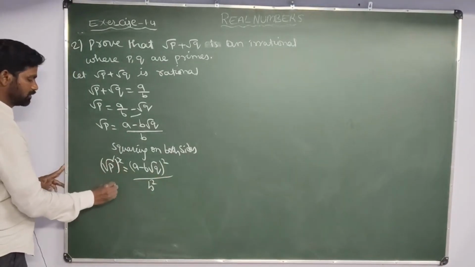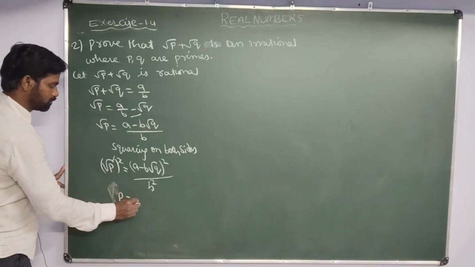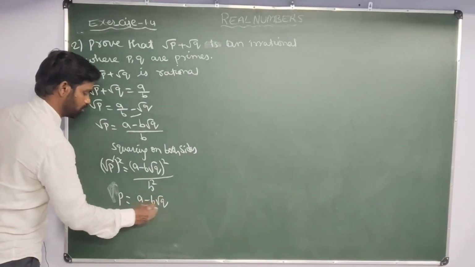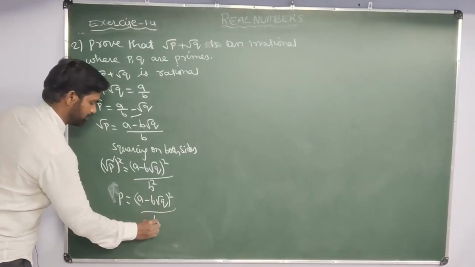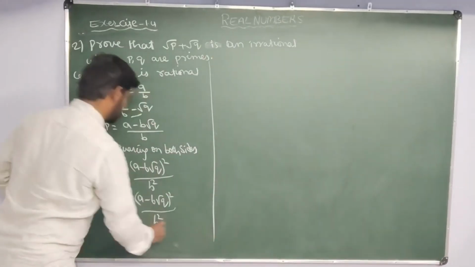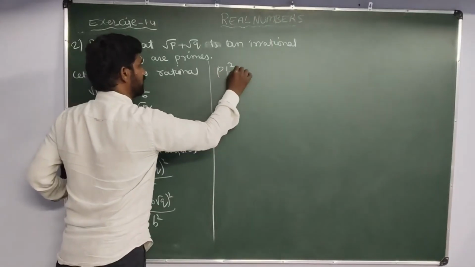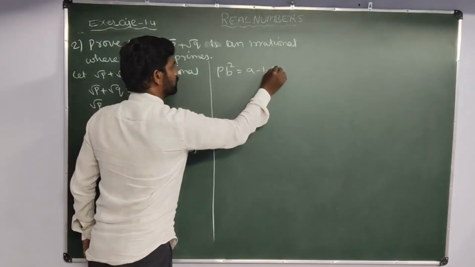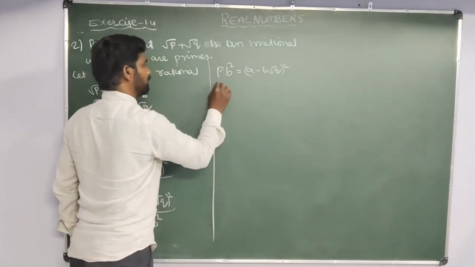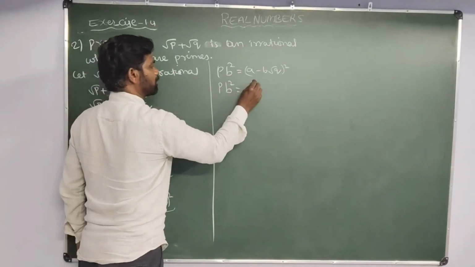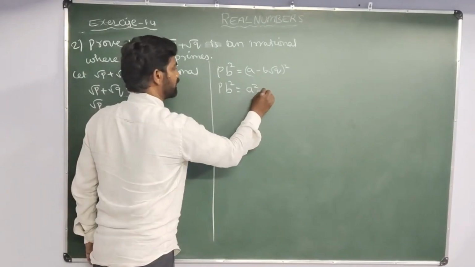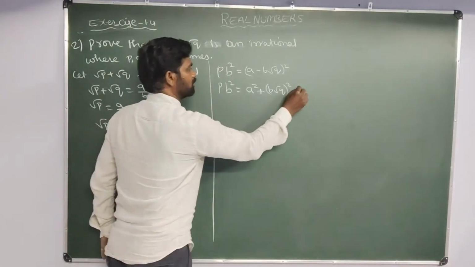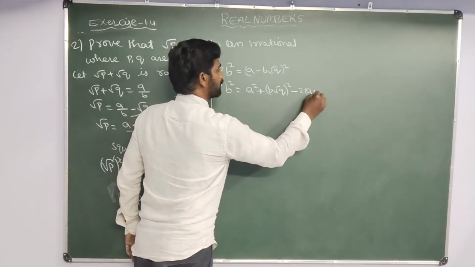So square and root cancel. p is equal to a minus b root q whole square by b square. In the next step, we can write pb square is equal to a minus b root q whole square. So pb square is equal to, expand it, a minus b whole square, a square plus b root q whole square minus 2 into a into b.